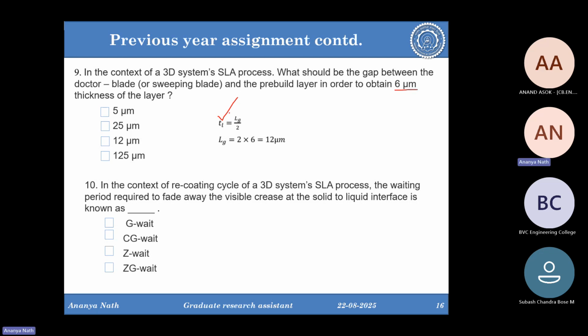This is the thing we are maintaining. T is always the layer thickness. The LG is the gap. LG is what we are maintaining. So here it says 6 micron is the layer thickness, so it's into 2.